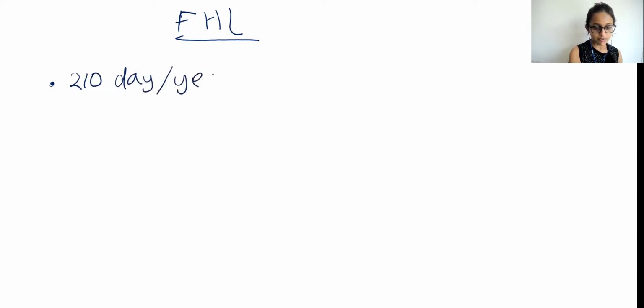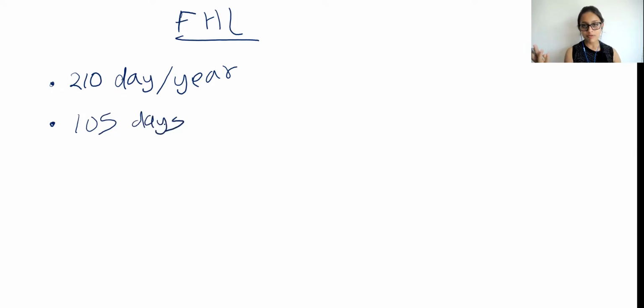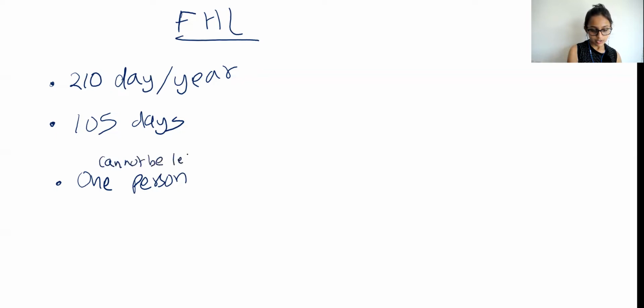That is, it is available for 210 days, but maybe nobody is occupying it for all of them. If it is let for at least 105 days, then it is an FHL. And one more point: it cannot be let to one person for more than 31 days.